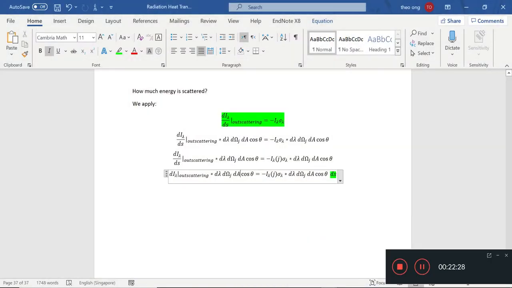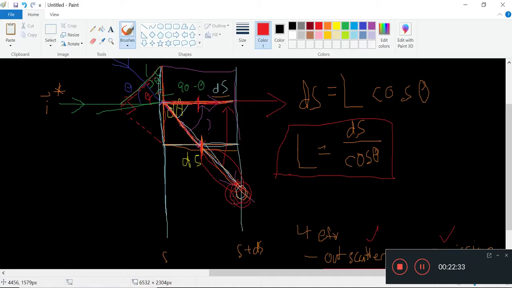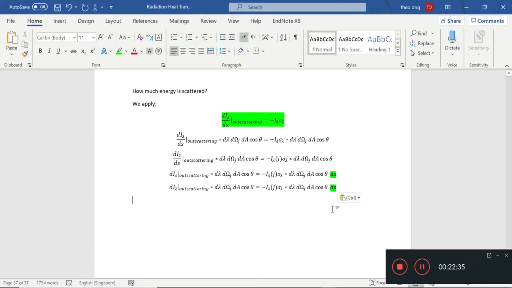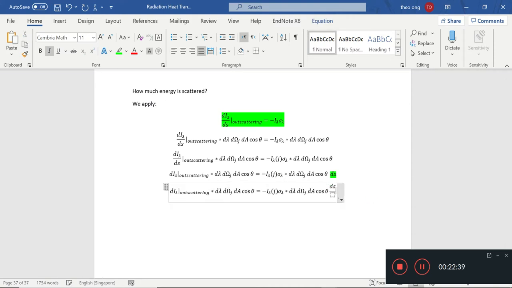So I'll have to replace this ds, which is not the same ds as this. This one has to be ds divided by cosine theta. Right?